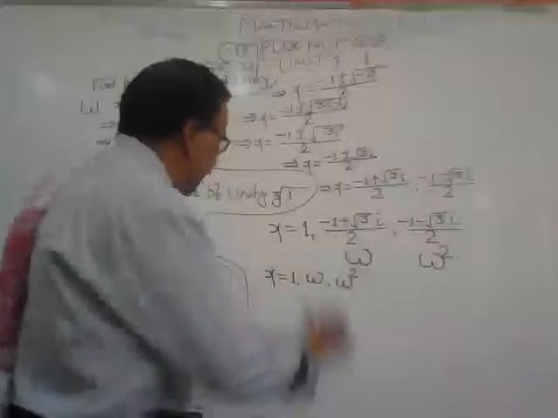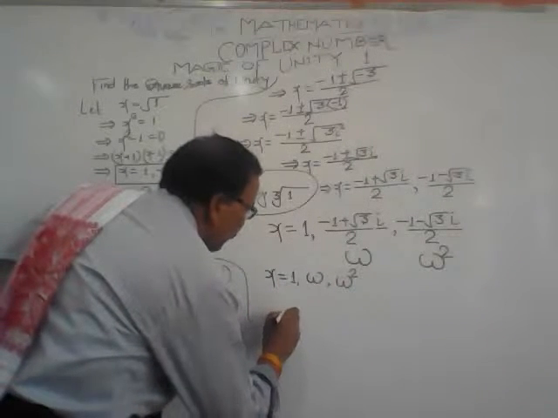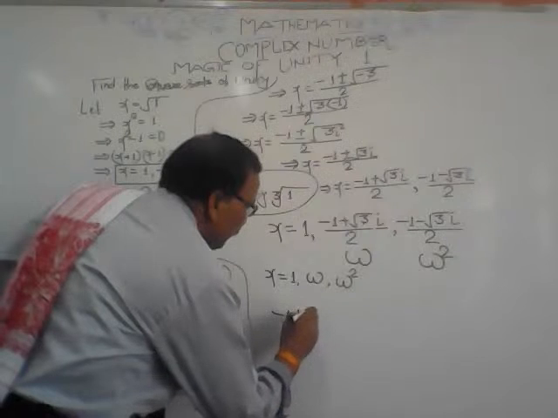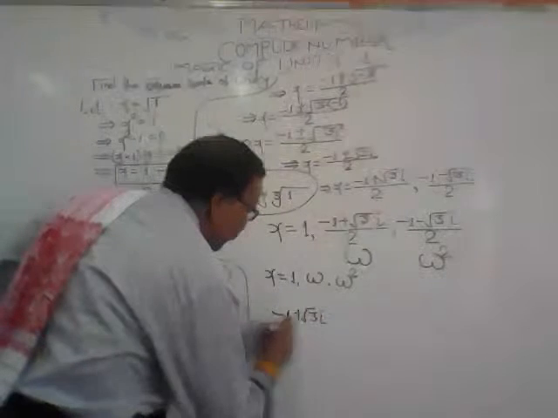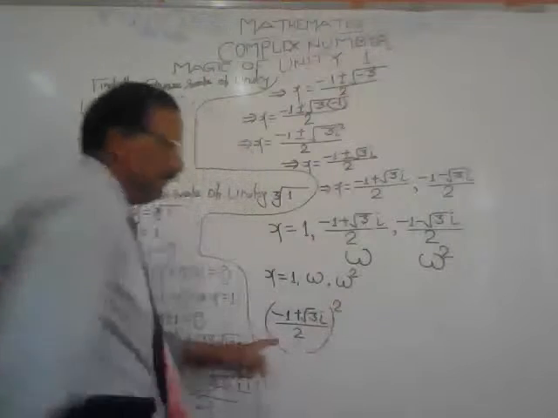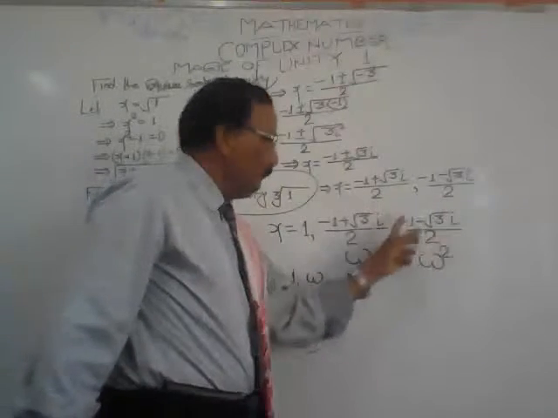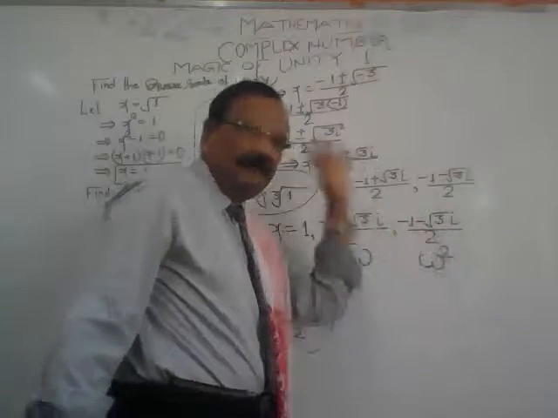Let us take the square. So minus 1 plus root 3 i upon 2, the whole square. If we do this, the result will come as minus 1 minus root 3 i by 2.